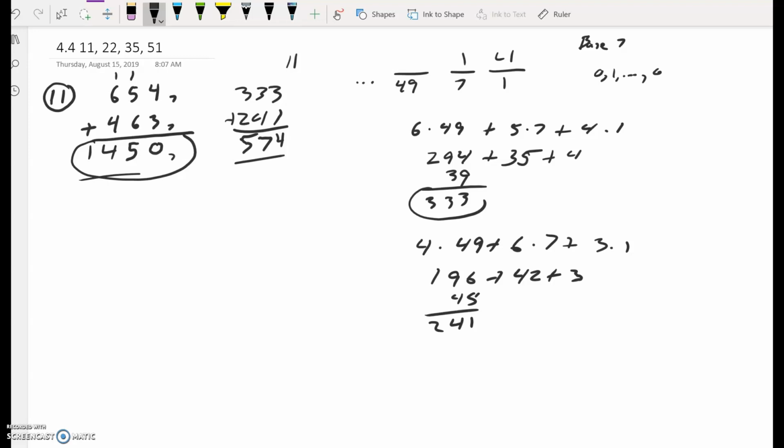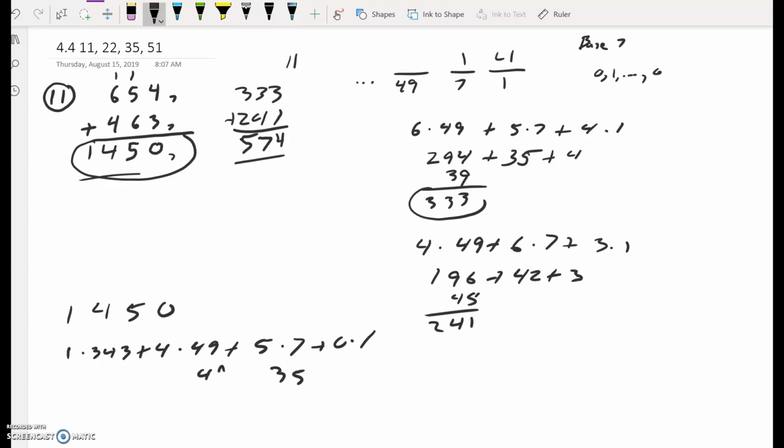So we have, turning 1450, that'd be 1 of these 7 to the 3rd powers. That's 343 plus 4 times 49 plus 5 times 7 plus 0 ones.